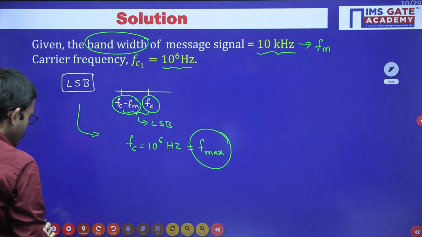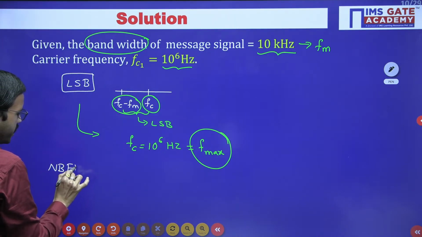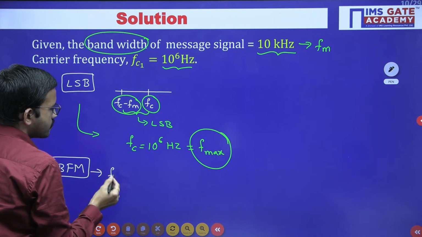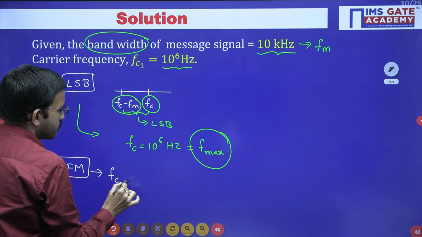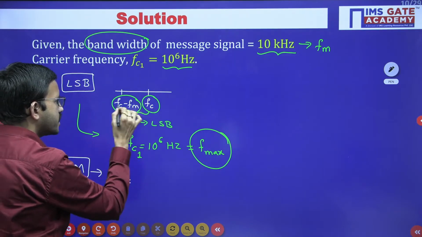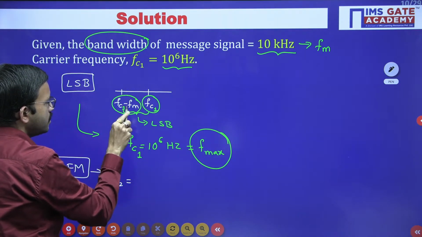Now they have used narrowband FM. Regarding narrowband FM, earlier they mentioned FC1. In this example I wrote FC, but generalized for this question that is FC1.